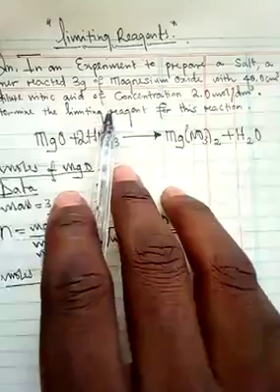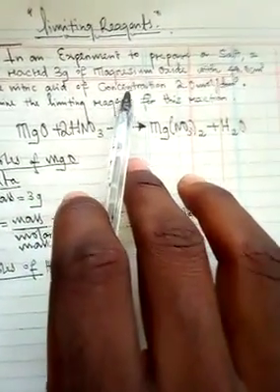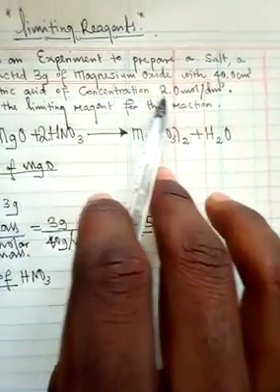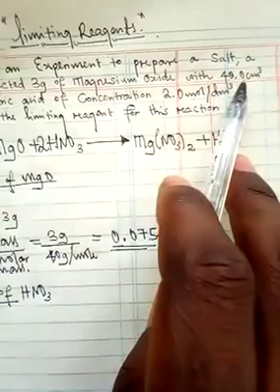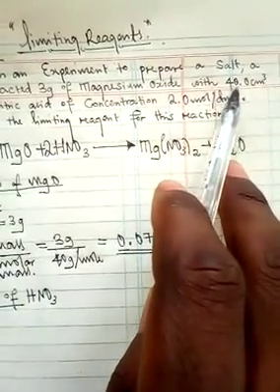So notice how in nitric acid here, what we have just been given is the concentration, which is in mole per decimeter cubed, and the volume. These are the only two things that we have been given.